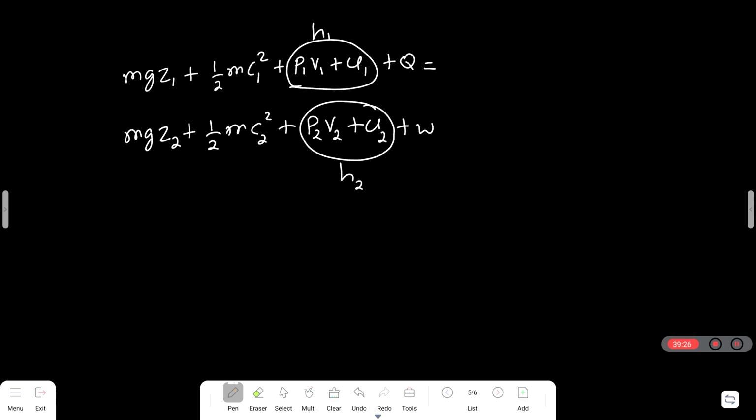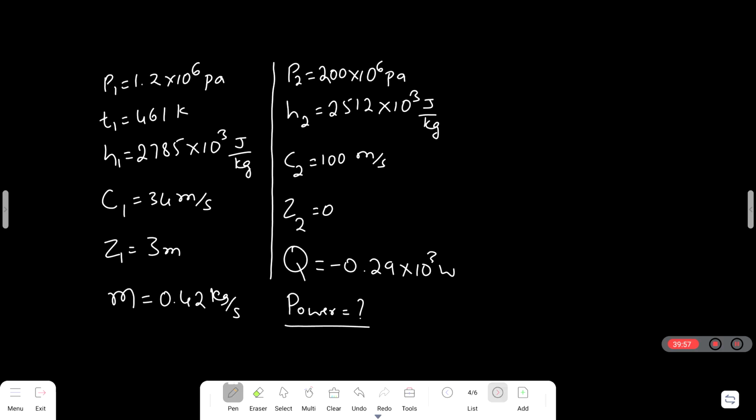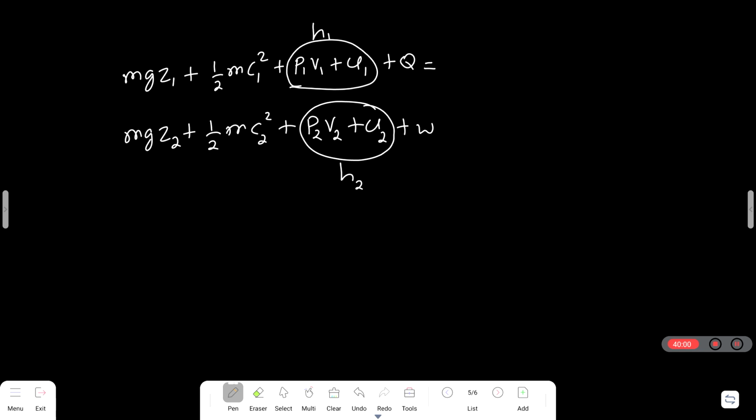Right, moving on. Solving this problem will take just 2 minutes. All you have to ensure is uniformity in the units. If the units are uniform, it's just addition and subtraction, nothing else. Look at the first one, m g Z1. Mass is 0.42, 0.42 into 9.81 into Z, the first one is 3 meters.